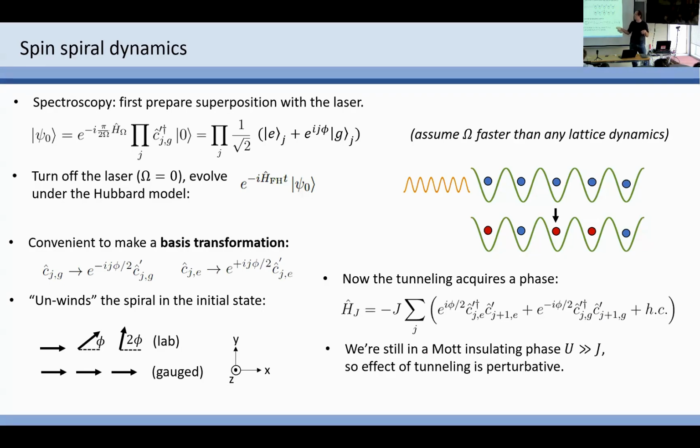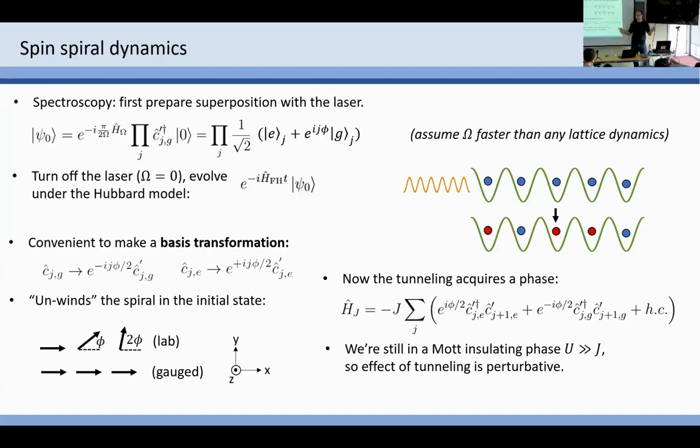It turns out for this sort of system, it's convenient to make a basis transformation, because I have this relative spatially dependent phase. What I can do is take my fermionic operators and basically unwind the spiral, gauge it away. What that means is instead of having a spiral initial state, I will now have a uniform initial product state, each atom (E plus G).